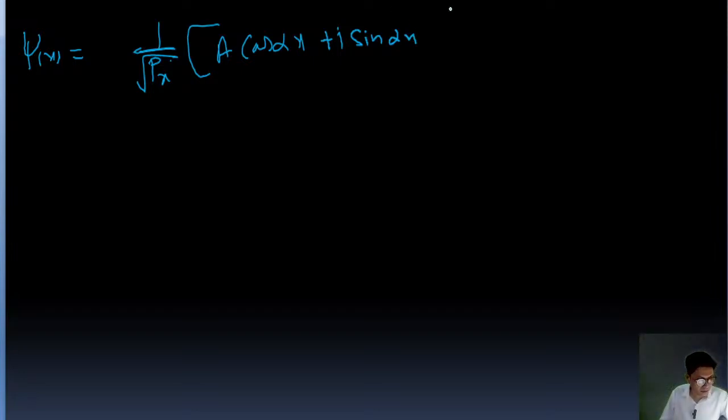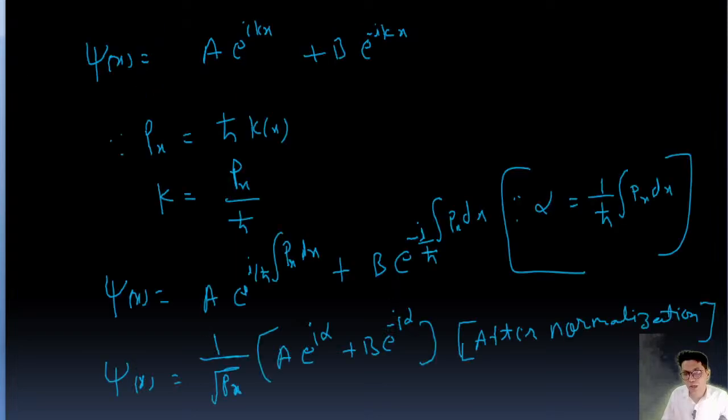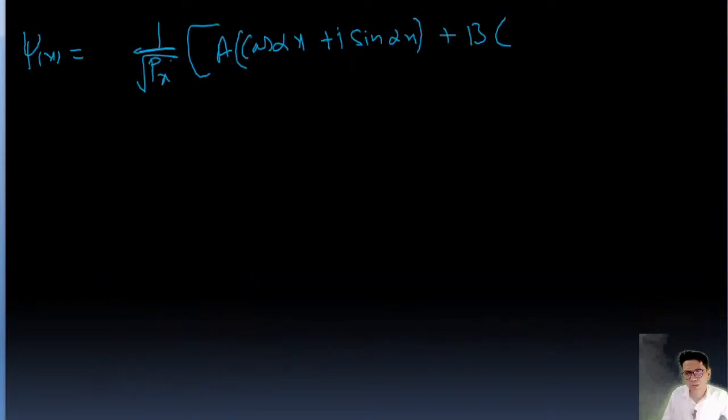These are functions of alpha x. Plus b, and b e to the power minus iota alpha is going to be cos alpha x minus iota sin alpha x.